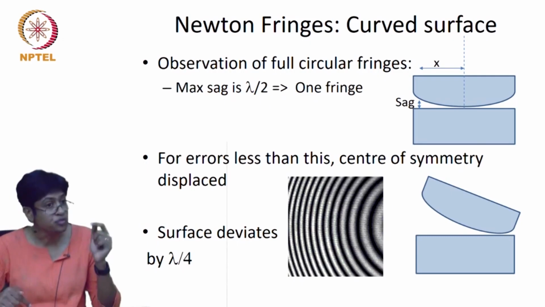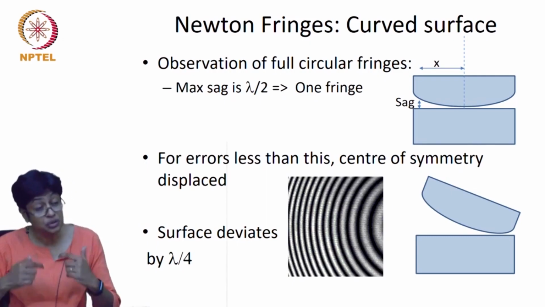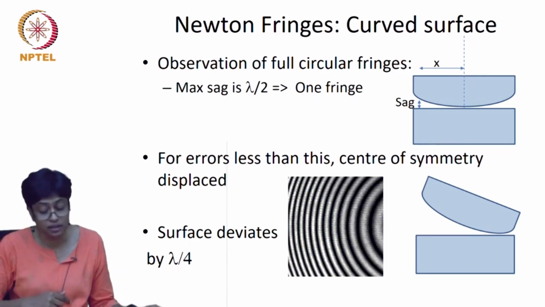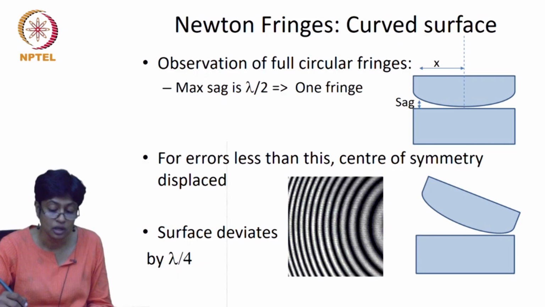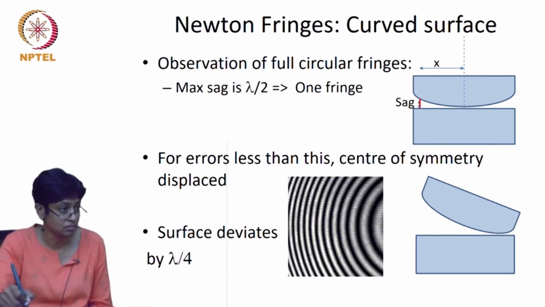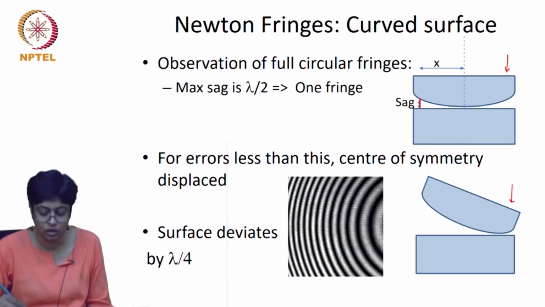So, you can move your test object so that you introduce extra path length, and that is what they show over here. If this distance were less than lambda by 2, I am not going to see a fringe, but I can tilt it. So, I am basically pressing down on this side here. And this is an exaggerated figure, you are not going to make it so large, of course.